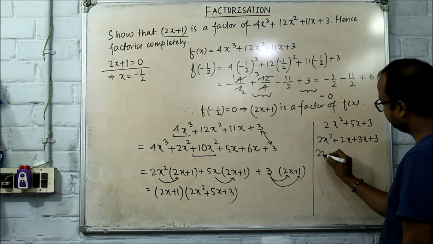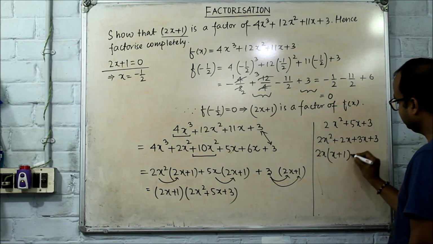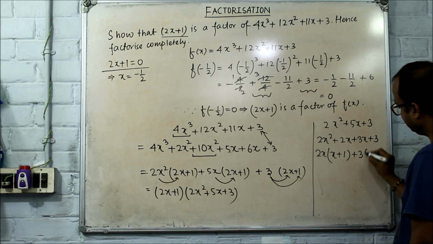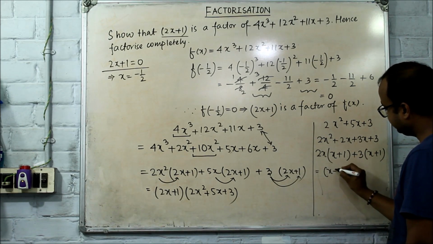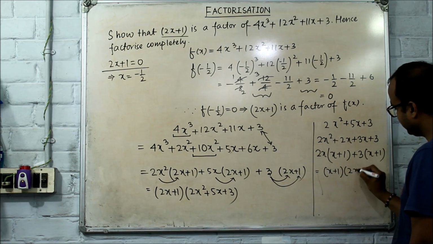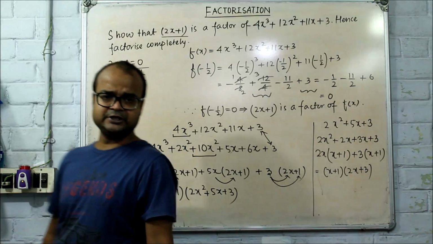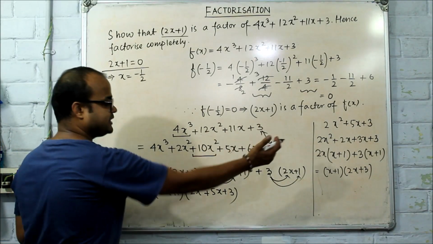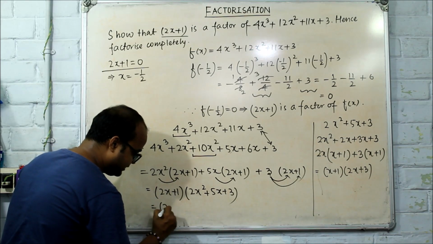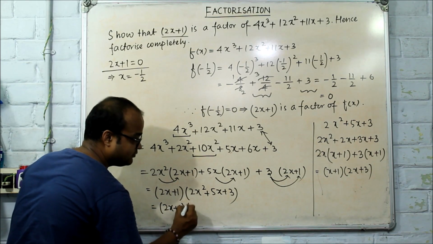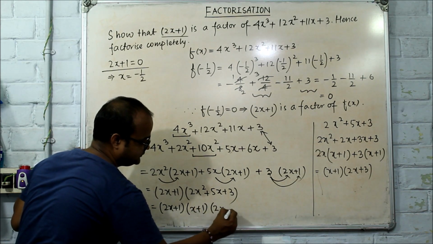From the first two we can take 2x common, so you get x plus 1. From the last two we take 3 common, so you get x plus 1. So your factor will be x plus 1 multiplied by 2x plus 3. Since I have space problems, I am doing it near the sum and then writing the result here: 2x plus 1 multiplied by x plus 1 multiplied by 2x plus 3.